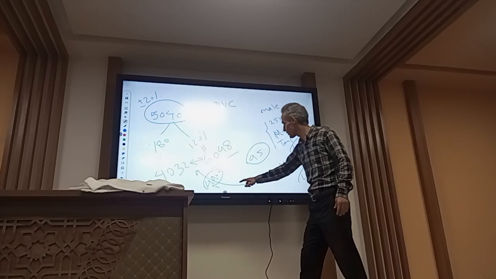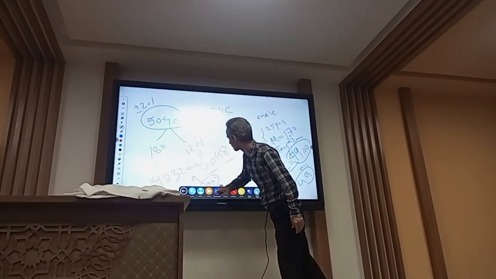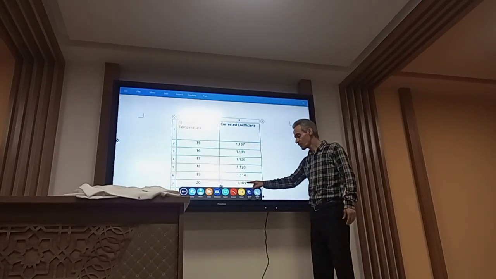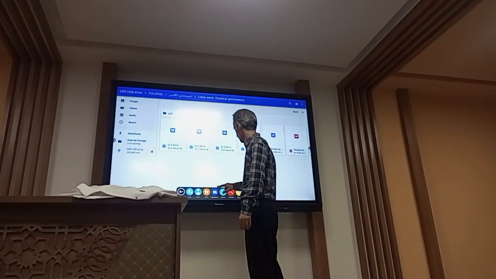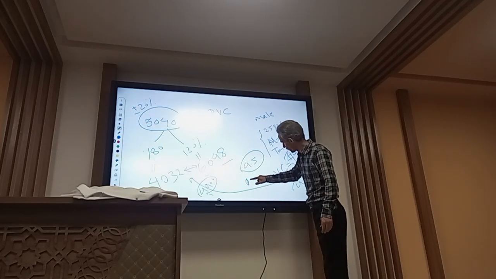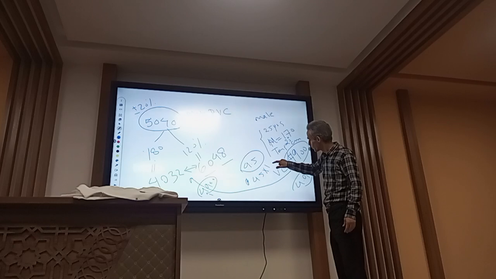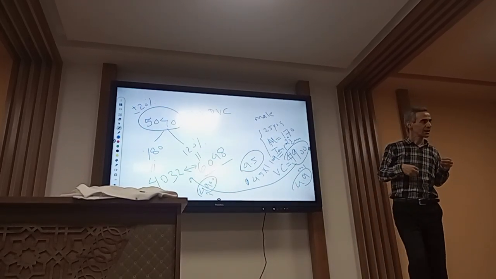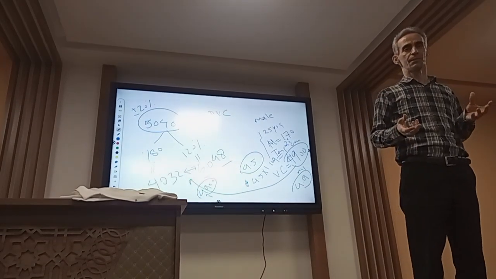In the temperature table, for 20 degrees the coefficient is 1.109, and for this, 4.5 multiplied by 1.109, and by this you can calculate the actual vital capacity.